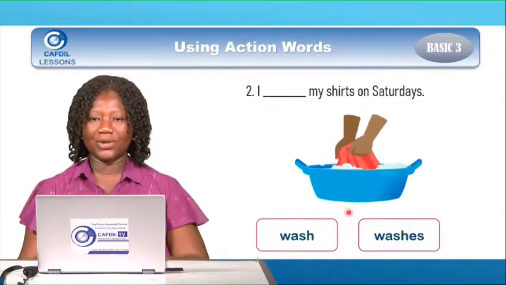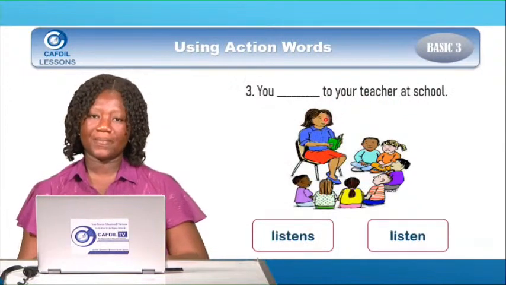Okay, let's see what you have. Good. So our sentence will read, I wash my shirts on Saturdays. I wash my shirts on Saturdays. Good. Let's see the next one.